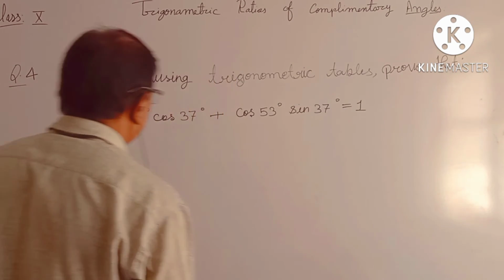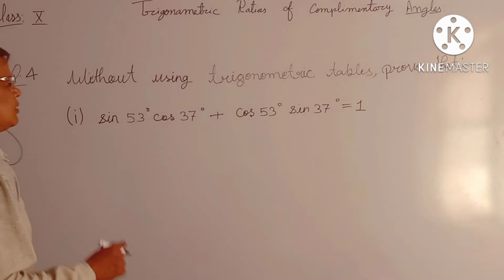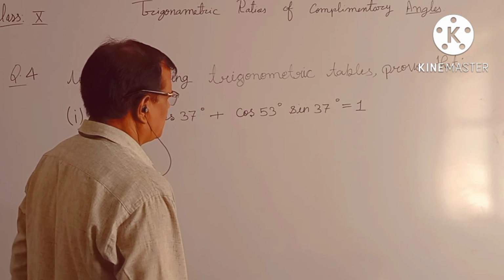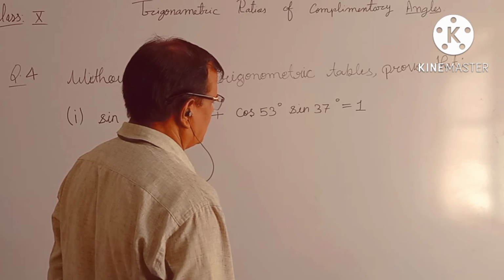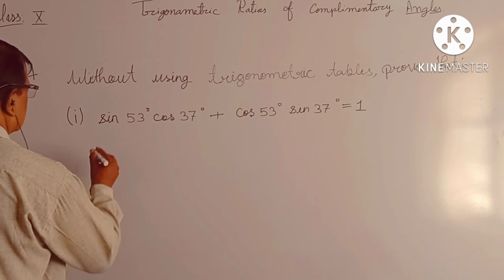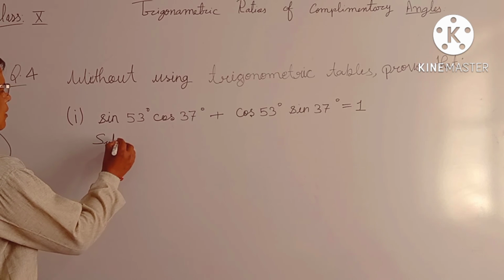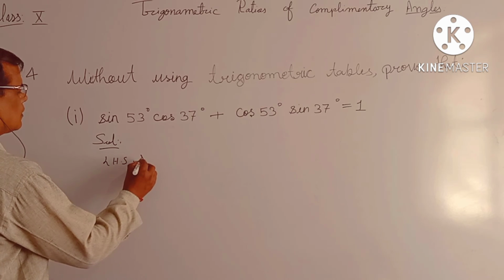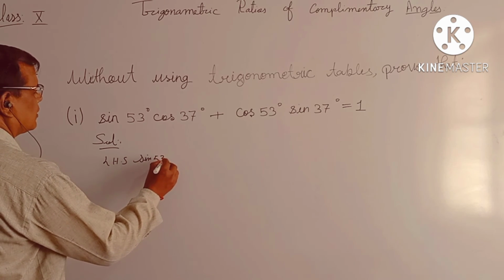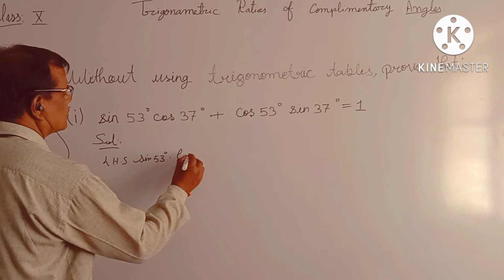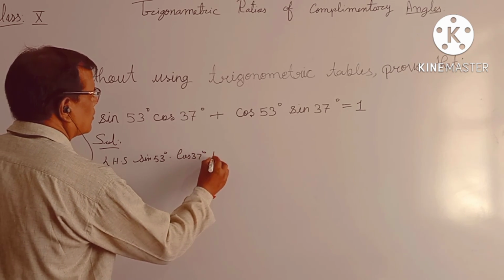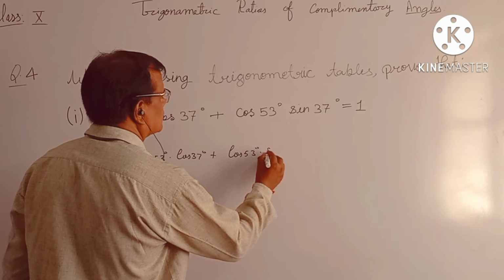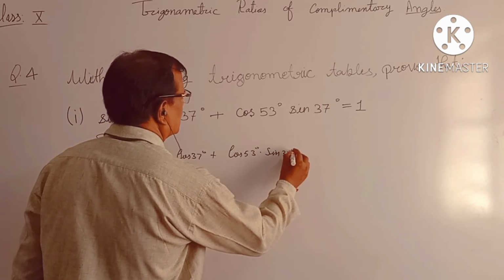Now we are going to solve question number 4 without using trigonometric table and prove that sin 53 degree cos 37 degree plus cos 53 degree into sin 37 degree equals 1. Solution: left hand side sin 53 degree into cos 37 degree plus cos 53 degree sin 37 degree.